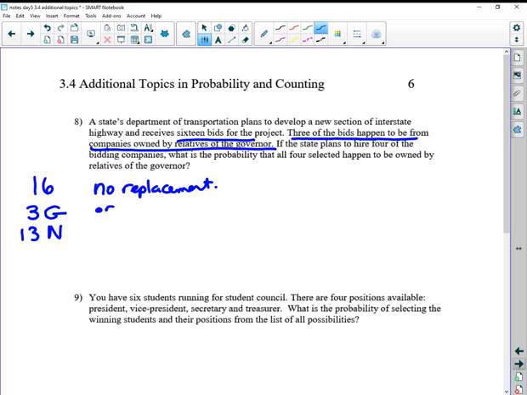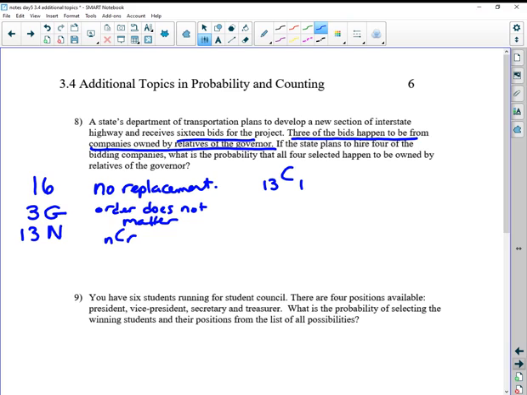The order does not matter. So this would be an nCr situation, a combination situation where we could do this. So there were 13 non-governor bidders, and we only want one of those to show up.